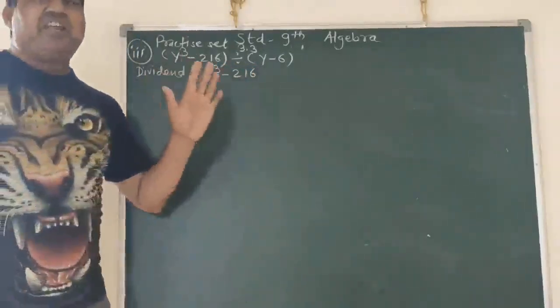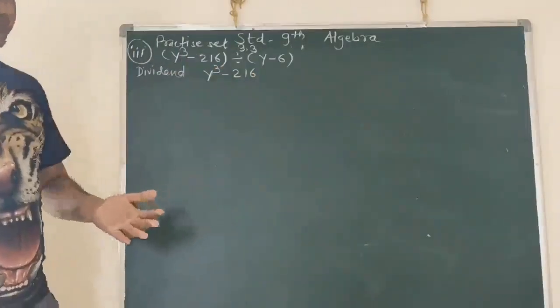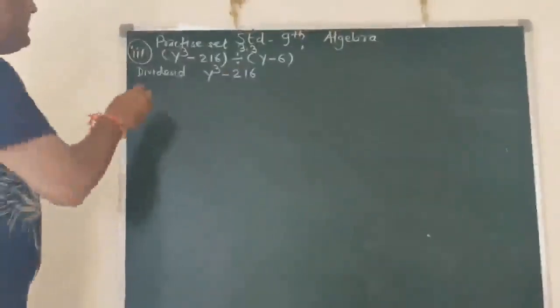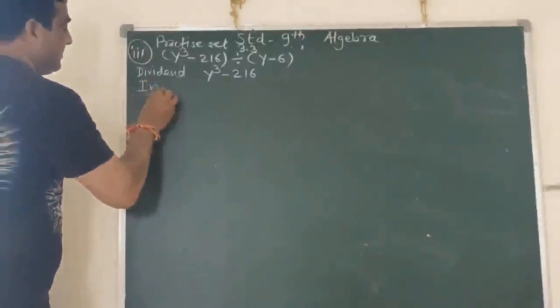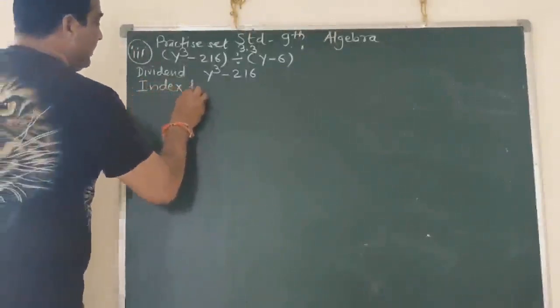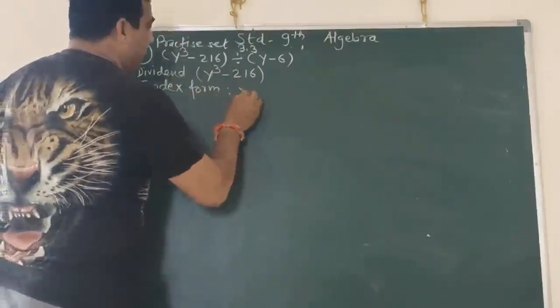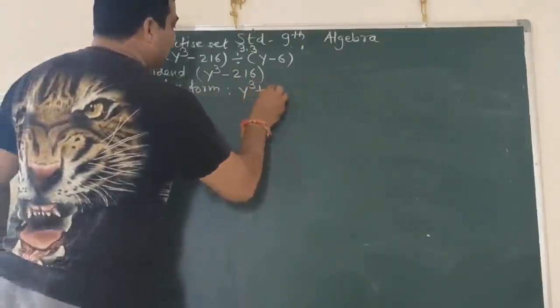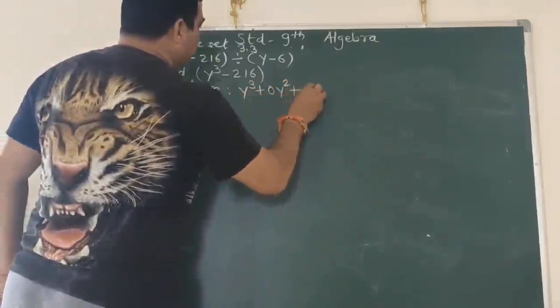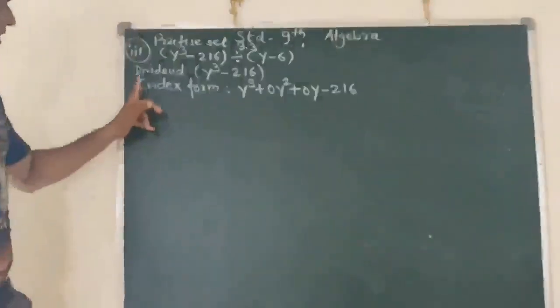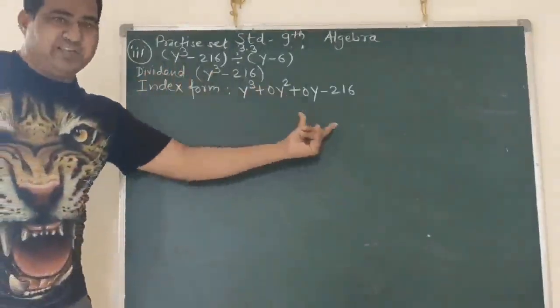First of all, check whether it is in standard form or not. It is already in standard form. Now convert it into index form: y cube plus 0y square plus 0y minus 216. In this way, convert the dividend into index form.